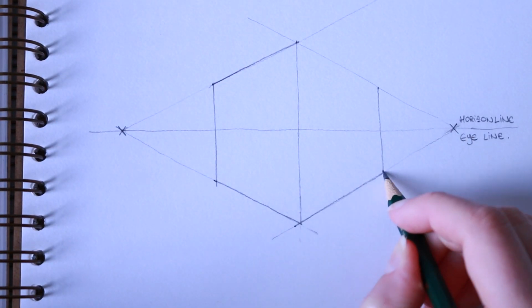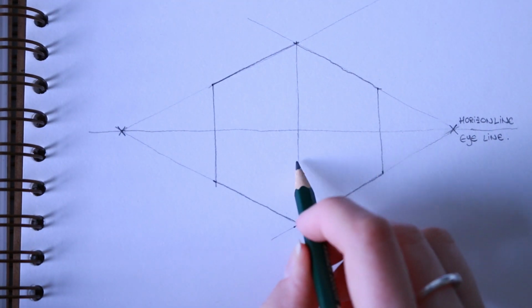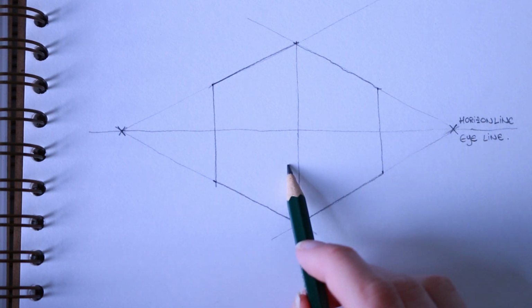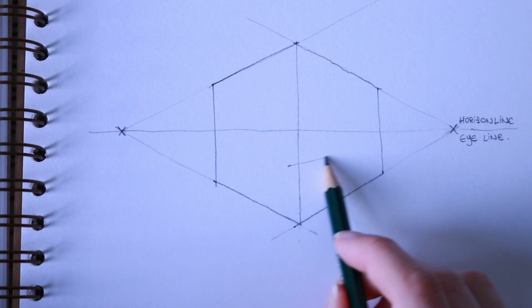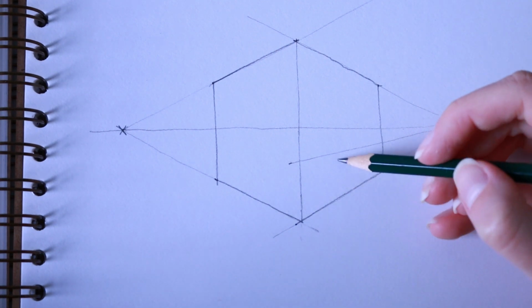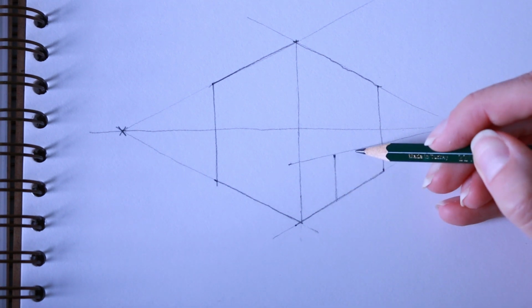For example, now if we want to show, let's say, a door here, we have to work with the perspective lines and draw over the perspective lines again. Let's say that we want the height of the door to be around here. So we have to draw the perspective line that goes to this vanishing point on this side, right?